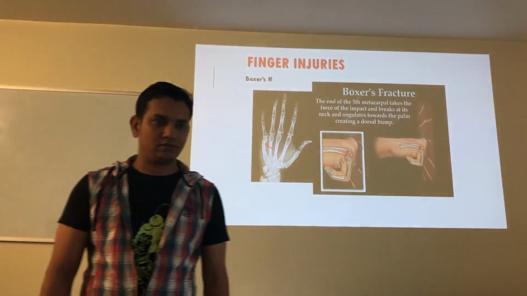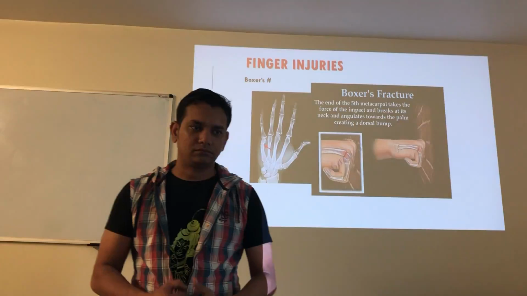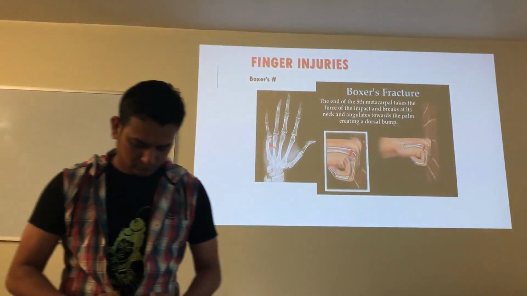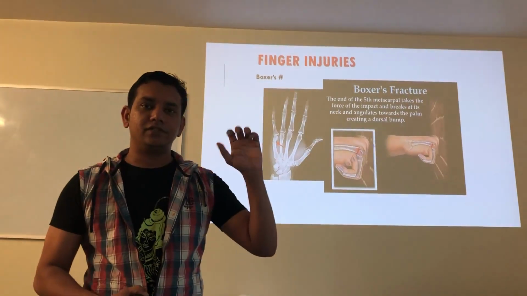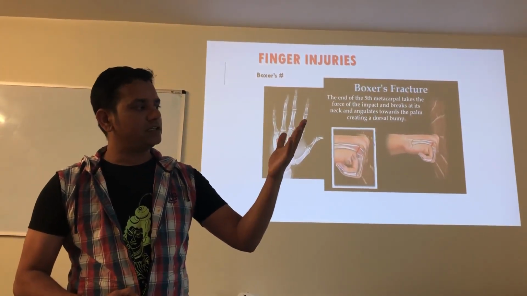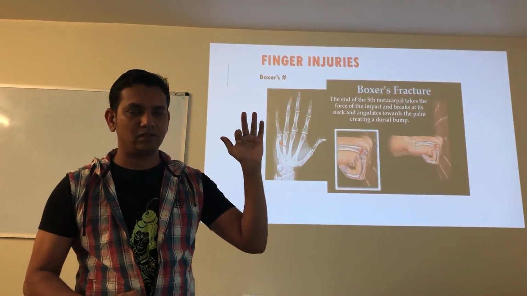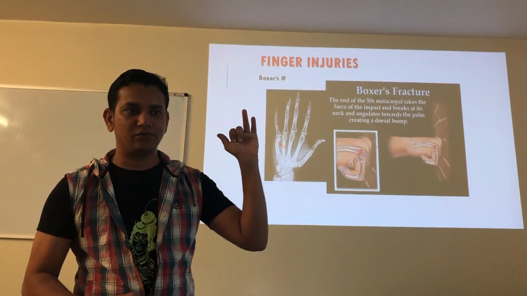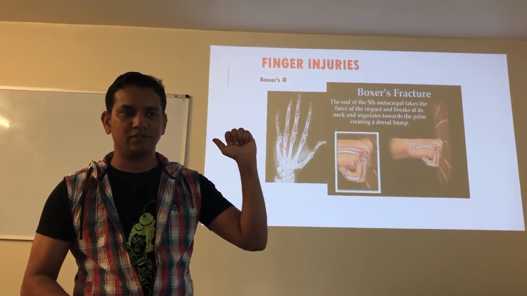What do you test in a boxer's fracture? You ask them to make a fist. About 10 degrees of angulation or rotation is acceptable, 20 degrees acceptable in this one, 30 degrees acceptable in this one, 40 degrees acceptable in this one.